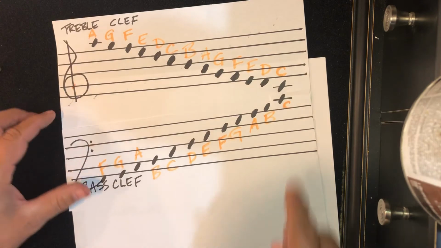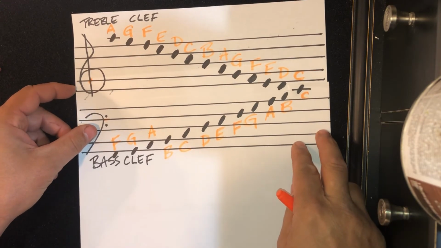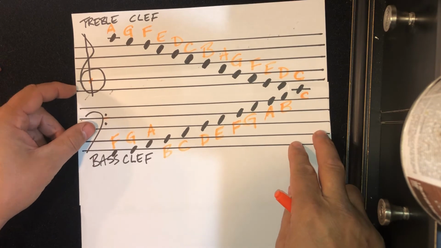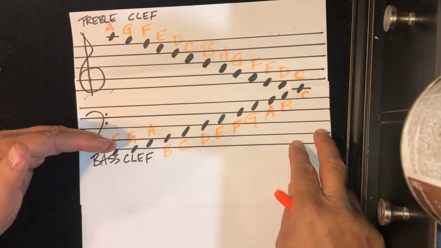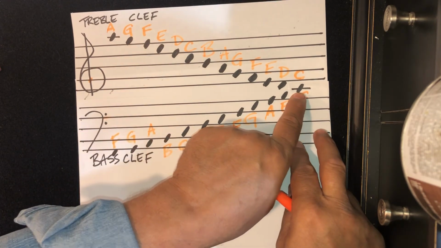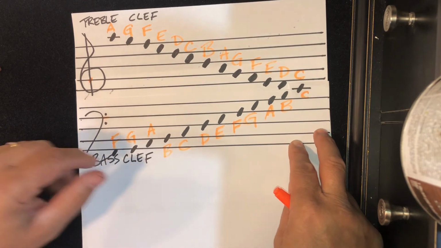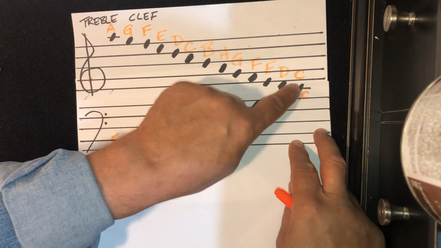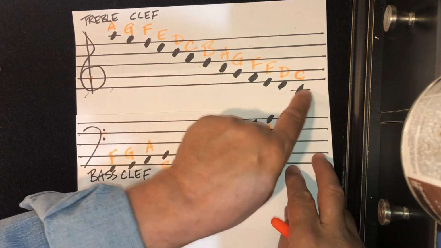if you take the treble clef and the bass clef, you see that the C is the exact same note. And so the treble clef and the bass clef are joined by this C, and we often call that middle C. So below middle C in treble clef is B. It'd be the next note down.